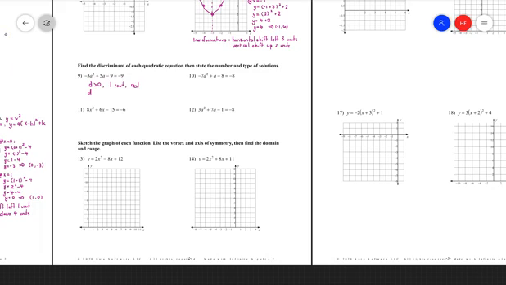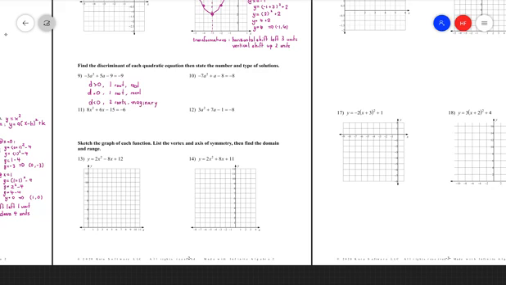If D is equal to 0, we will have one root that is real. And if D is less than 0 or a negative number, then we will have two roots. They are imaginary.